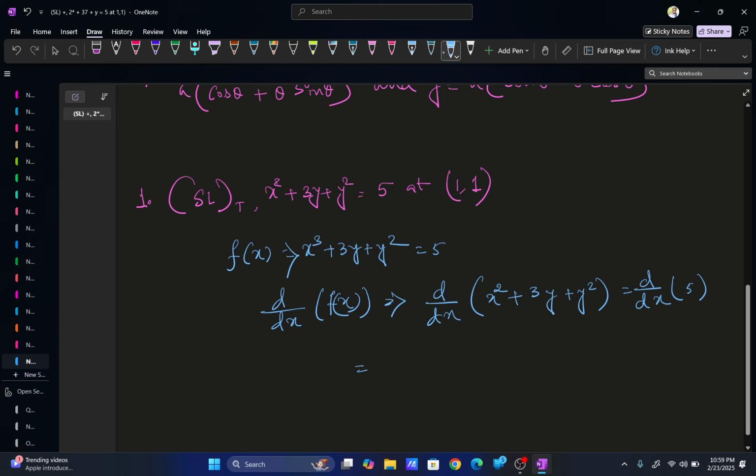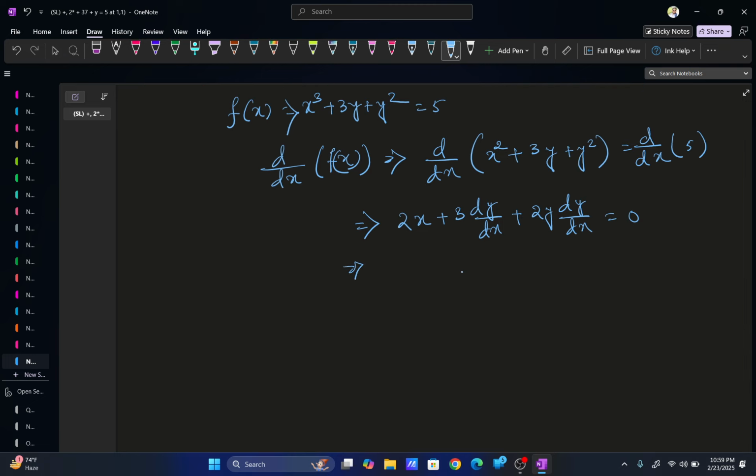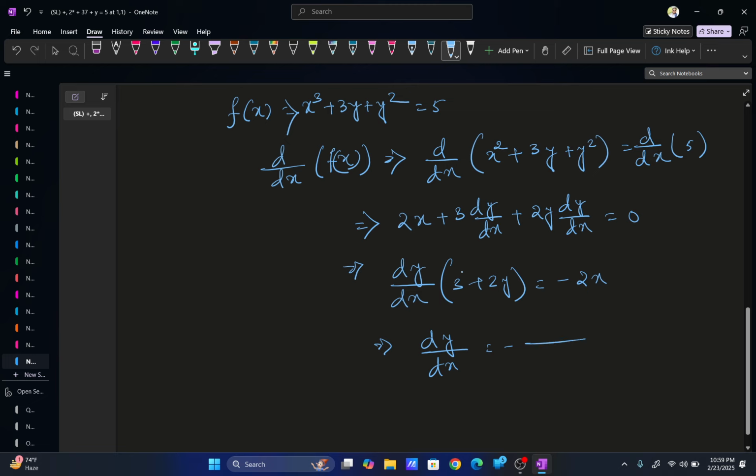So it gives 2x plus 3 dy by dx plus 2y dy by dx equals to 0. Then we extract the dy by dx: 3 plus 2y times dy by dx equals to minus 2x, and dy by dx equals to minus 2x by 3 plus 2y.